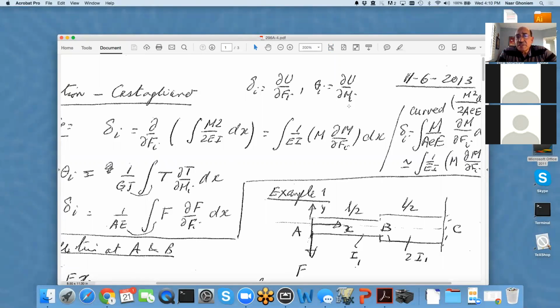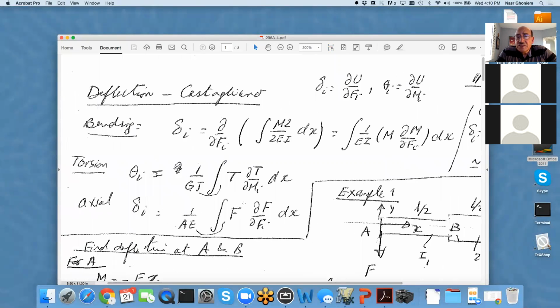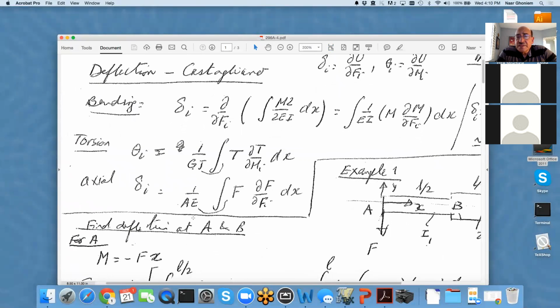And then if we want to be specific, then we can look at every type of loading independently. So if I have axial loading, the elastic energy stored is proportional to F squared over AE, as we've seen.